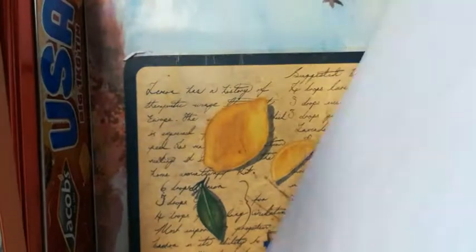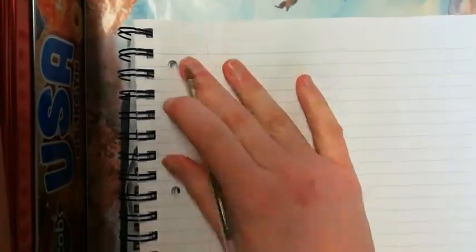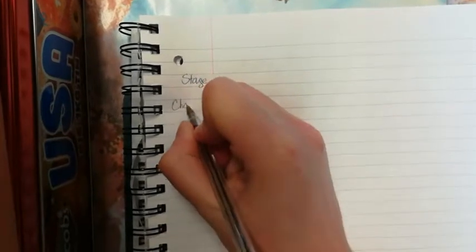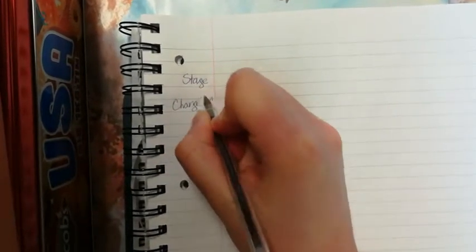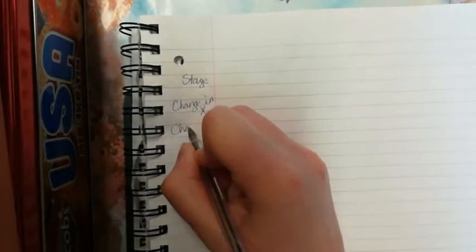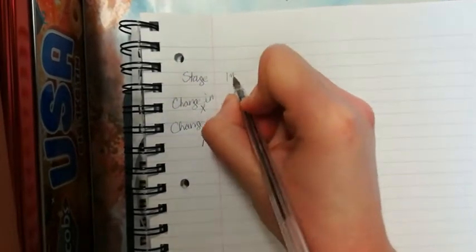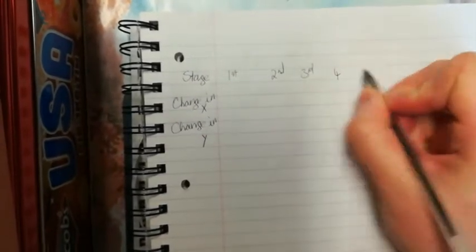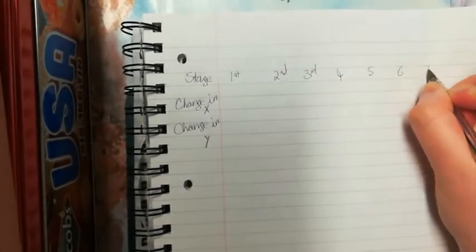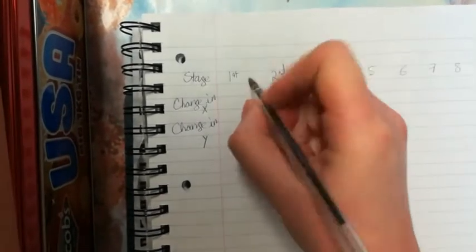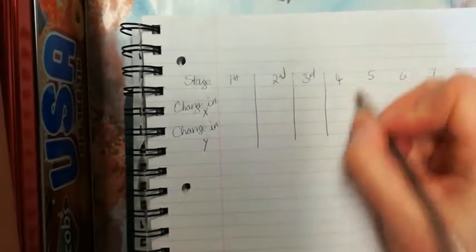Now there's another part to this question. It's kind of a lengthy one, so I'm going to do out this table. They give us a table and they say stage, and then the first thing that they want us to look at is the change in x, and then they want us to look at the change in y. So we have to look at different stages: first, second, third, fourth, fifth, sixth, seventh, eighth, ninth.